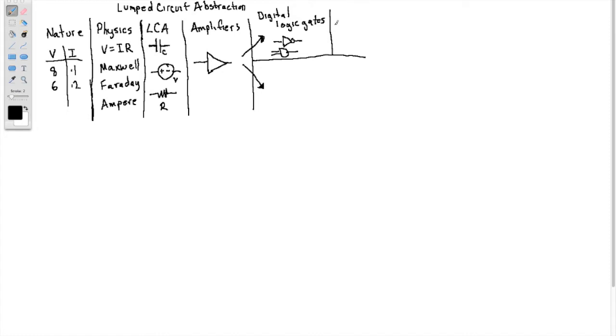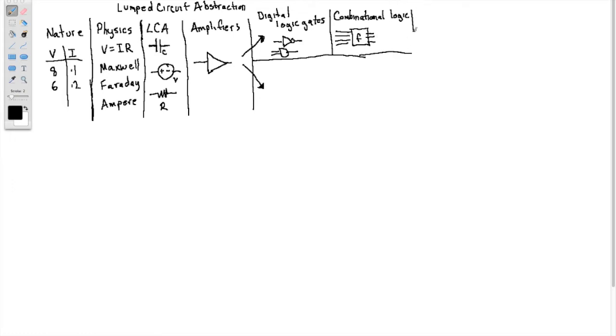And then from the digital logic gates, you can combine these logic gates, which we call, of course, combinational logic. And so these things will take some inputs, and they'll do some sort of higher level function, and have some outputs.